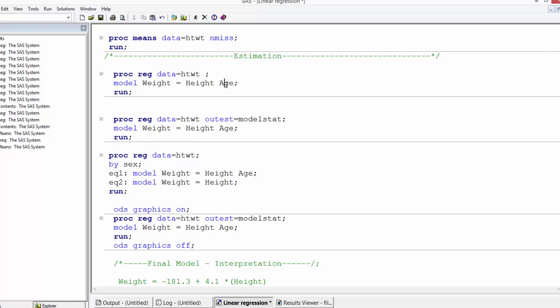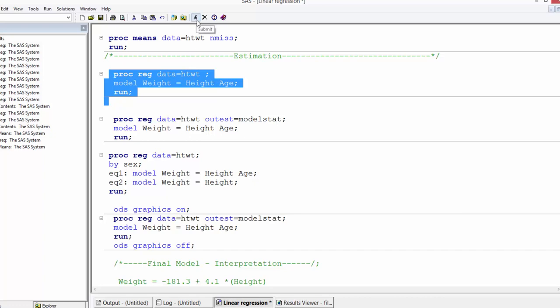So for instance, if somebody asks, if my age increases by 1 year, how is it going to affect my weight? That question also can be answered from this particular equation. So let's run this particular set of codes, and we'll be able to get the estimates.